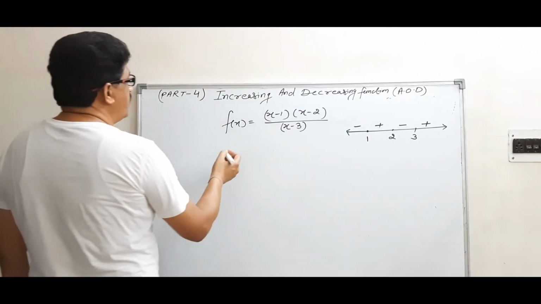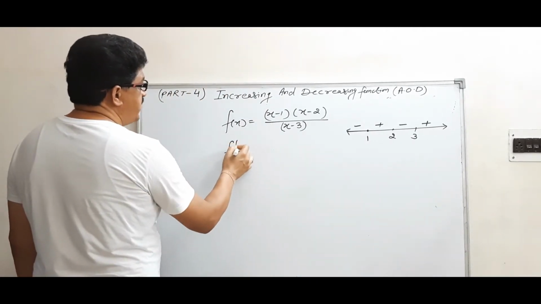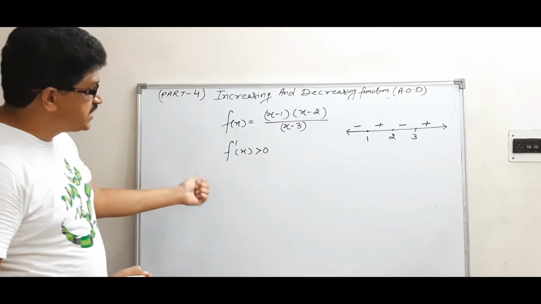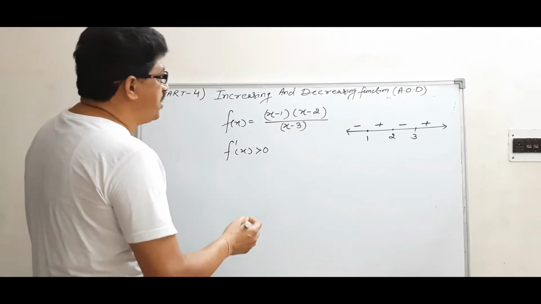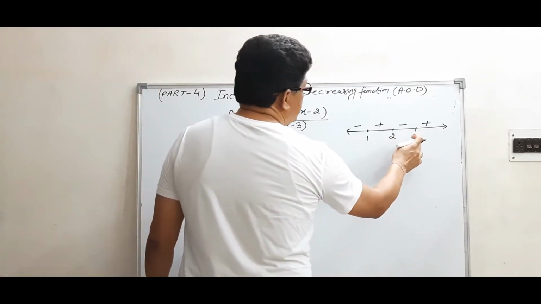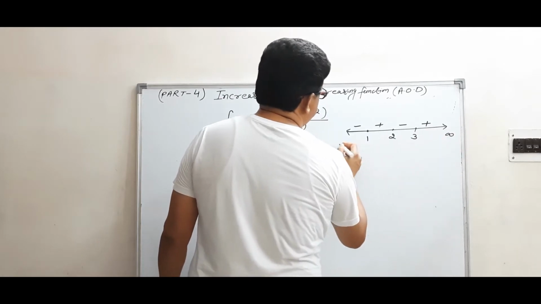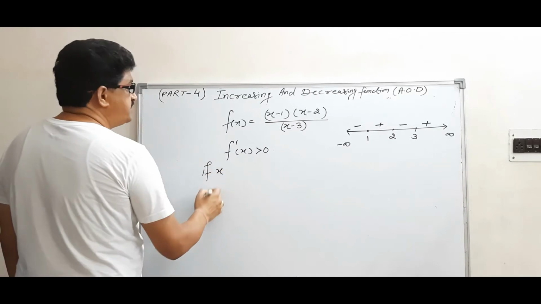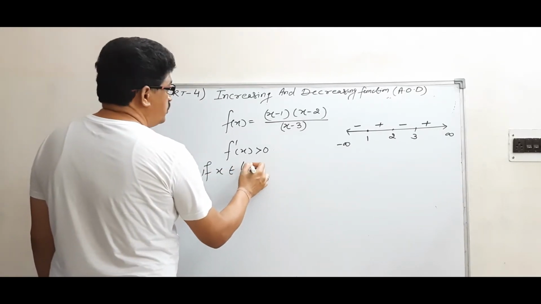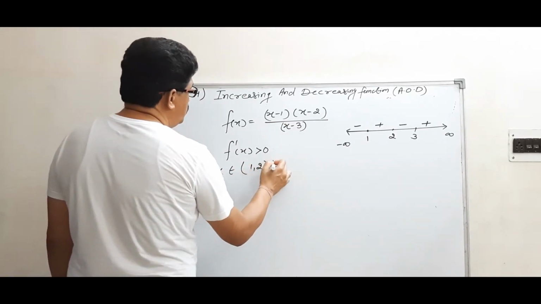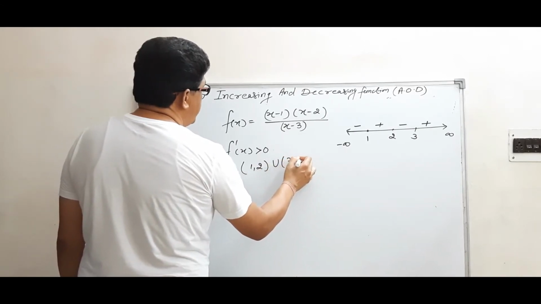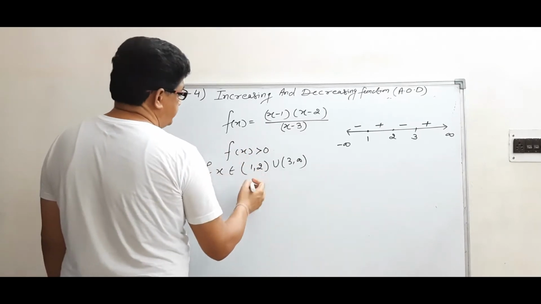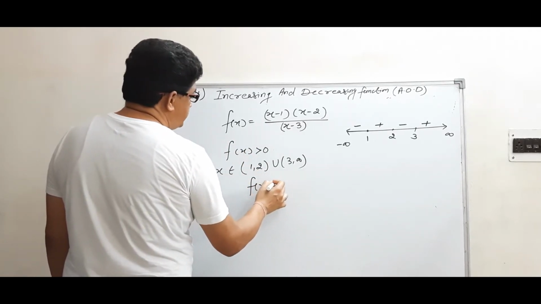So if you want to find out when f'(x) is greater than 0, f'(x) is greater than 0 in the intervals 1 to 2 and 3 to infinity. So we can say if x belongs to (1, 2) union (3, infinity), in this interval f(x) is greater than 0.